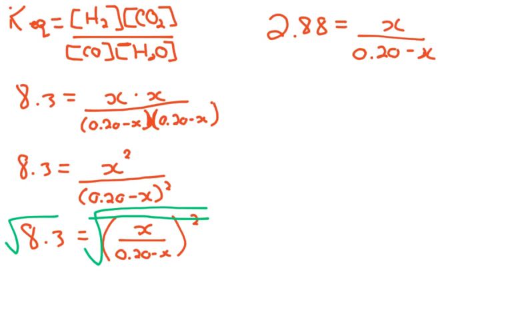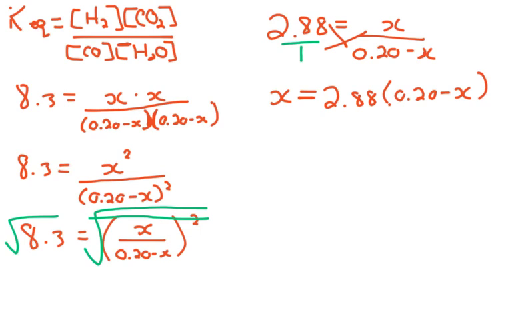At this point, the best option is to cross multiply, so we stick a 1 under the 2.88. One times x would be x. 2.88 times 0.20 minus x. We can write it out like that. We will need to distribute that 2.88 into the bracket in order to solve this.